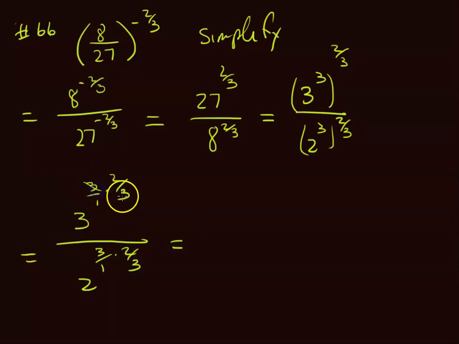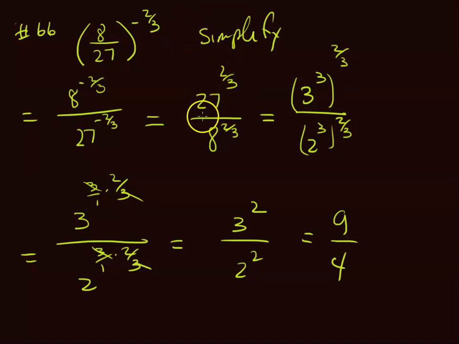Now these 3's cancel, and you get 3 squared over 2 squared, which is 9/4. Did it need all those steps? Well, I wanted to go through all those to show you. It's probably better to do the roots before you do the exponents, the squaring and such.